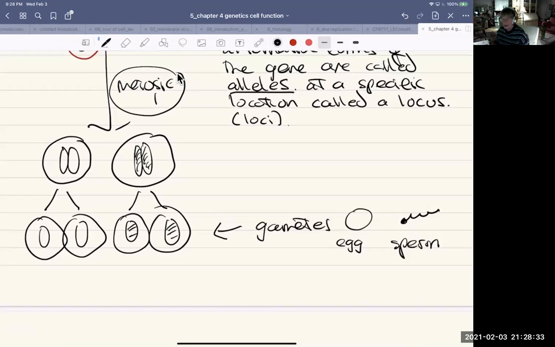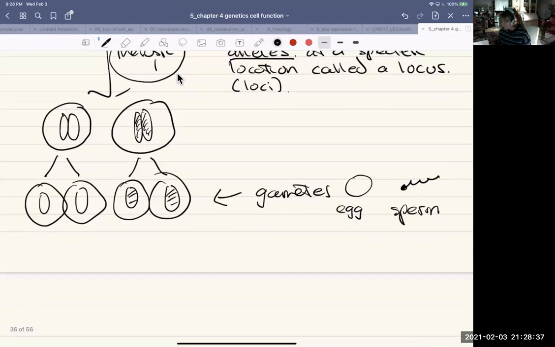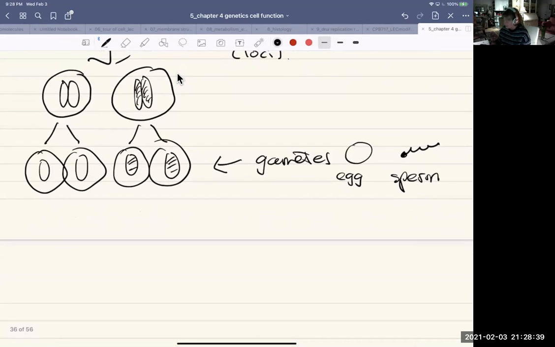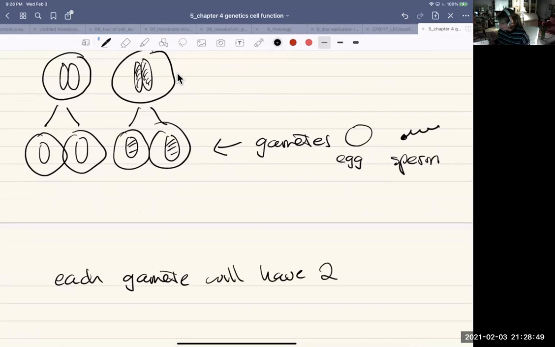And they'll have, in the end, of course, as a human, since we have 23 pairs of chromosomes, each gamete will have 23 chromosomes. And that's really important because if the eggs and sperm had all 46 chromosomes, well, every time they came together in fertilization, you'd have double the number of chromosomes.